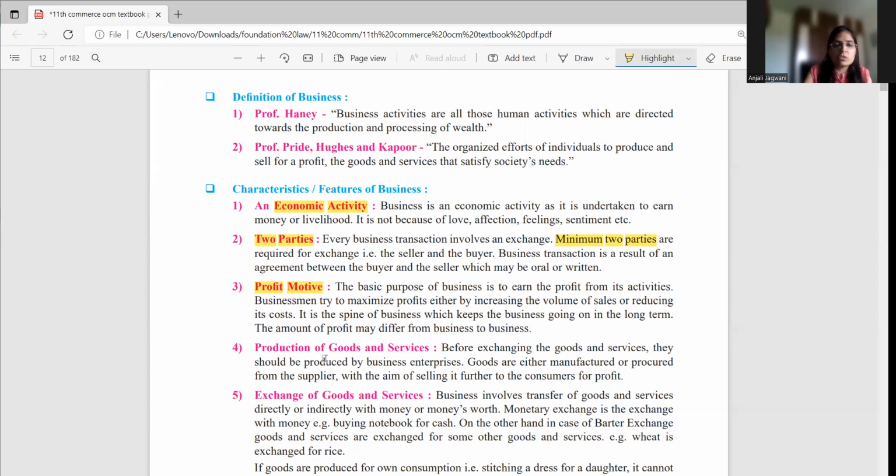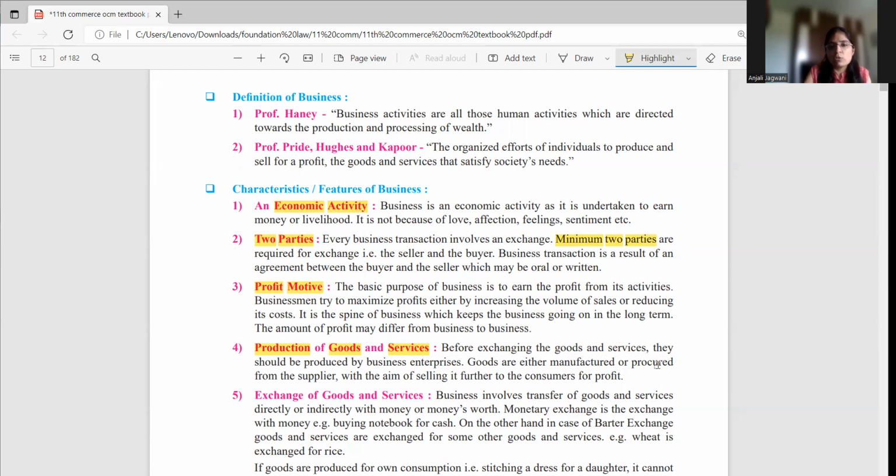Now the fourth feature is production of goods and services. So any business cannot be done until there is some product or there is some service to be provided. So before exchanging the goods and services, they should be produced by business enterprises. Any good or service is to be produced first, and only then it could be sold further.